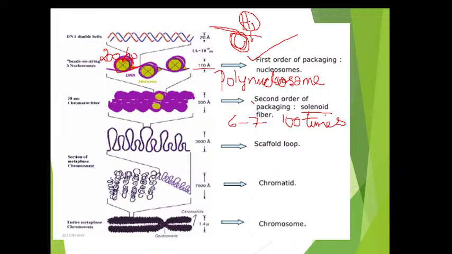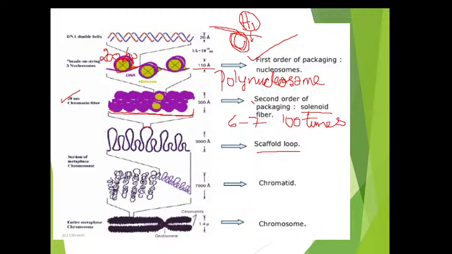In the next stage of the hierarchy, the third stage, it is the scaffold or the looping. Here you can see this is a 30 nanometer chromatin fiber, and this 30 nanometer chromatin fiber will undergo a series of coiled loops. So this solenoid will form a coiled loop. See this part: this much part only constitutes this much region of the solenoid.